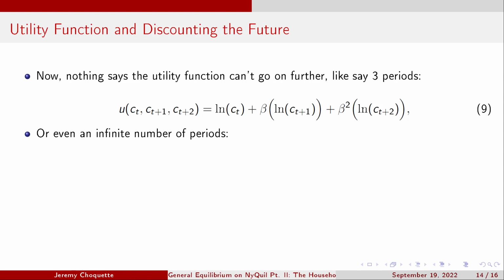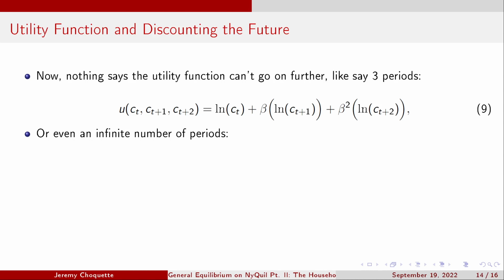Because I can't just have today, which I value at 100% times natural log of CT, plus tomorrow, which is, say, 0.95, but then the day after that's also 0.95. Well, that doesn't make any sense because we want this to be consistent across time periods, right?